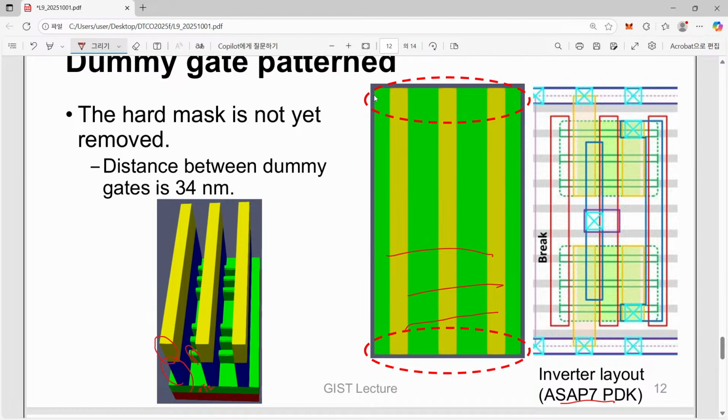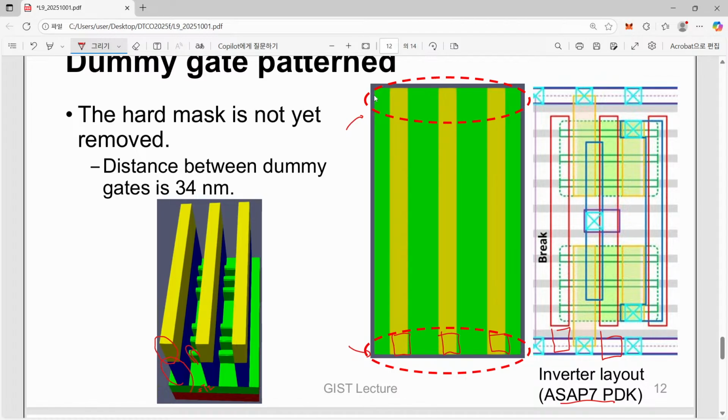Here you have these dashed circles. Here you have a dashed circle layer, and in this case, now we have a dummy gate, and also a dummy gate. And you can see that here you don't have a dummy gate, there is no dummy gate at all.